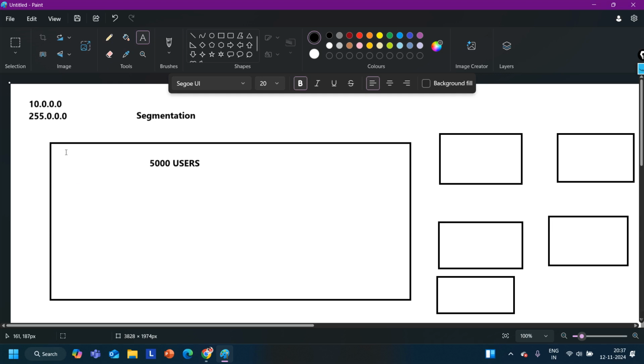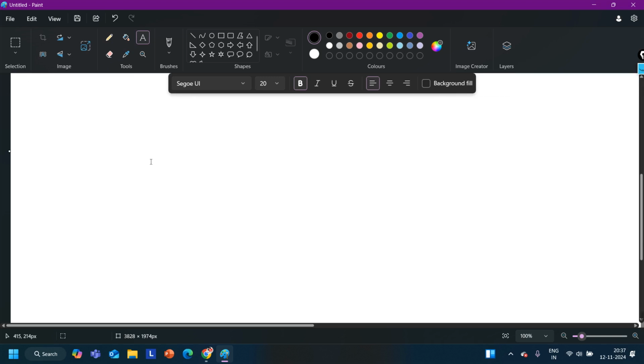I'm going to give you one more example. If it is not clear to anybody, just tell me. Is it clear why subnetting is needed? Is any more example required? Okay, one more example.